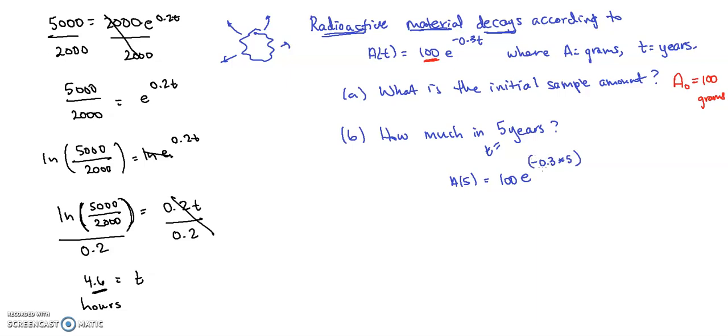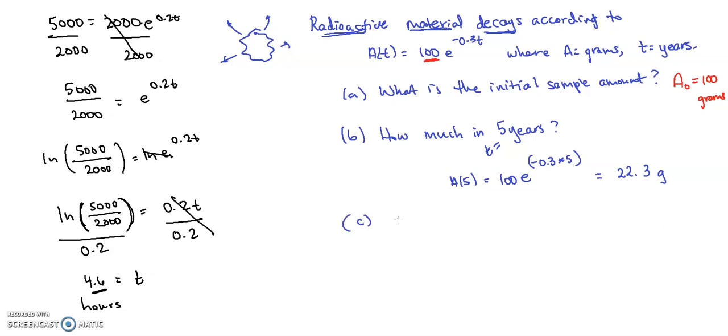And again, you want to make sure all of that is up in your exponent when you put this in the calculator. All of that goes into the calculator, and you should get 22.3. And the amount is in grams, so we've got 22.3 grams. So if we start with 100 grams of radioactive material, after 5 years there's still 22.3 grams of radioactive material left.